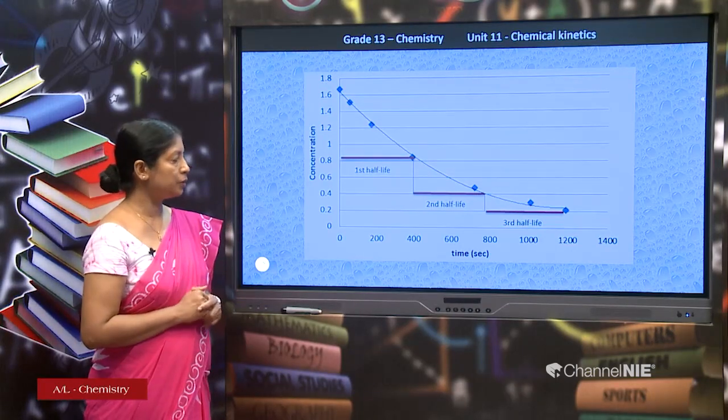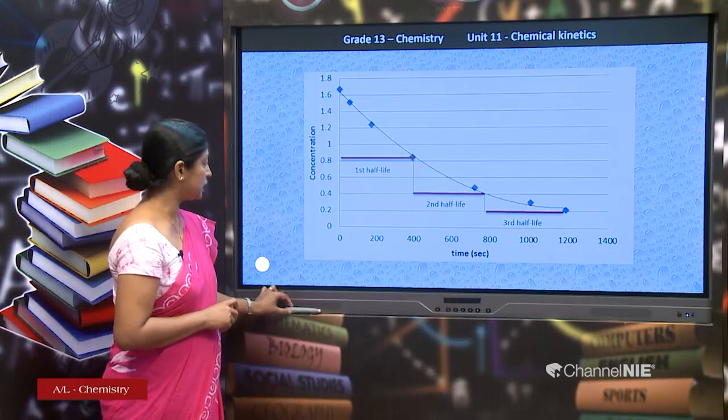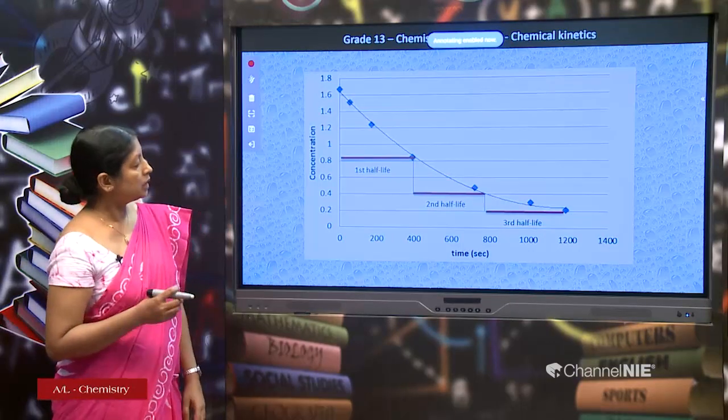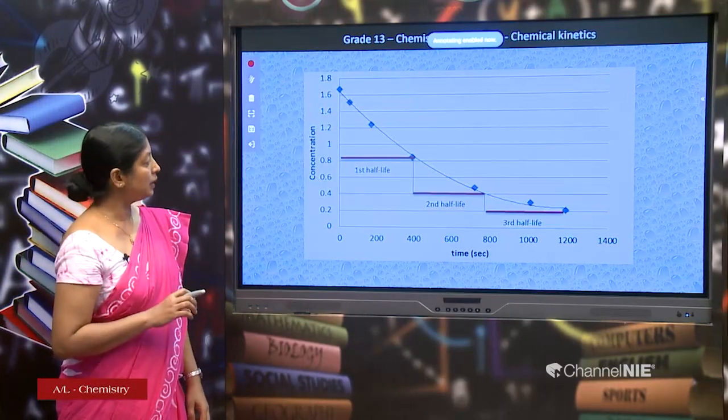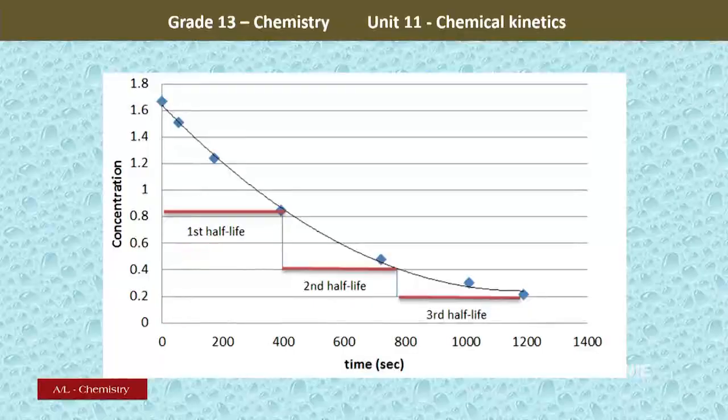Already we came to know half-life is a constant, so let us see whether it is a constant or not. To make it easy, you are provided with certain data in the graph. The initial concentration is given at this value, approximately, let us say it is 1.6 moles per decimeter cube.